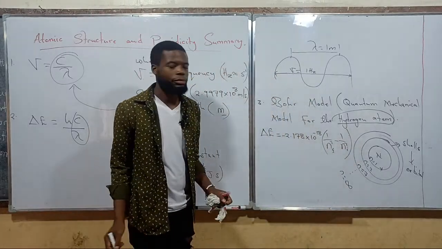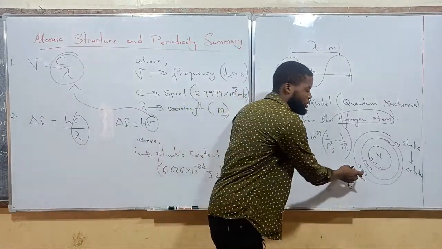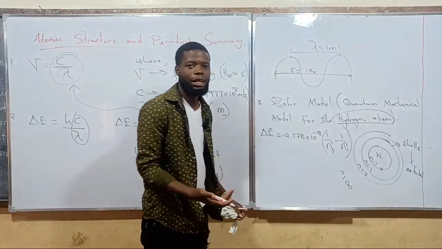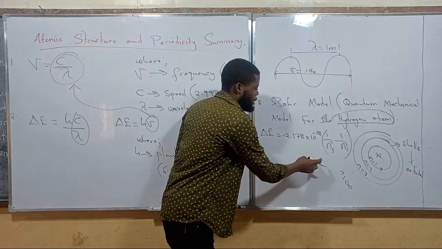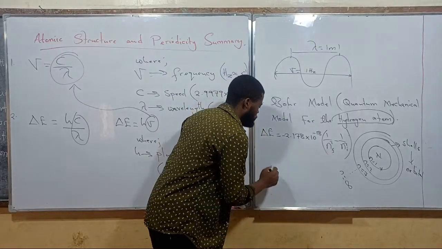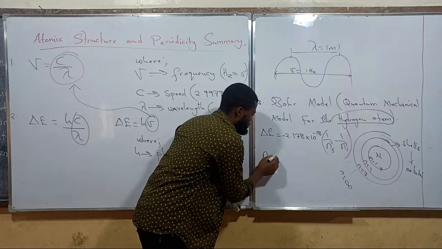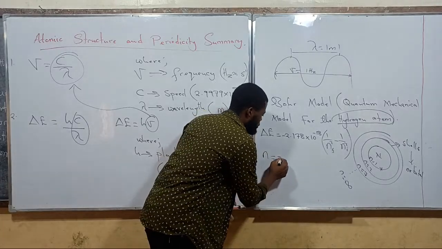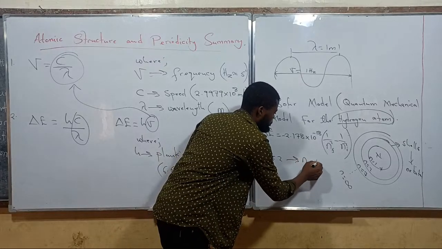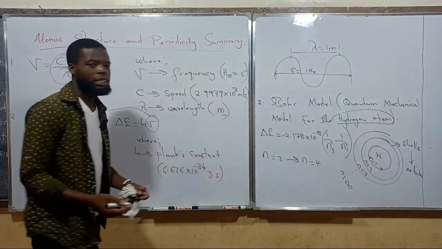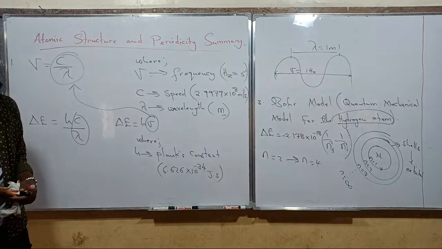Of course, you are going to use this formula if the question asks you to calculate the energy gained or lost by an electron moving from, for example, n equals 2 to n equals 4. We did a series of examples in the previous session.